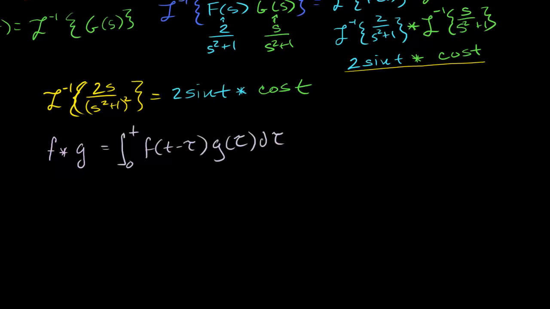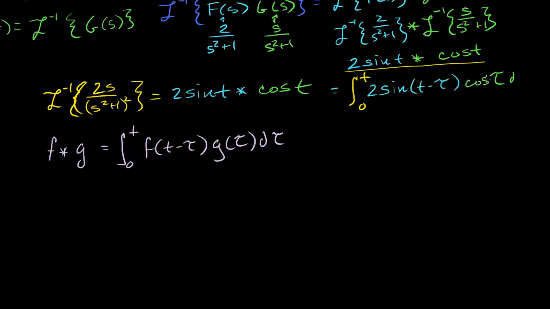So 2 sine of t convoluted with cosine of t is equal to the integral from 0 to t of 2 sine of t minus tau times the cosine of tau d tau.